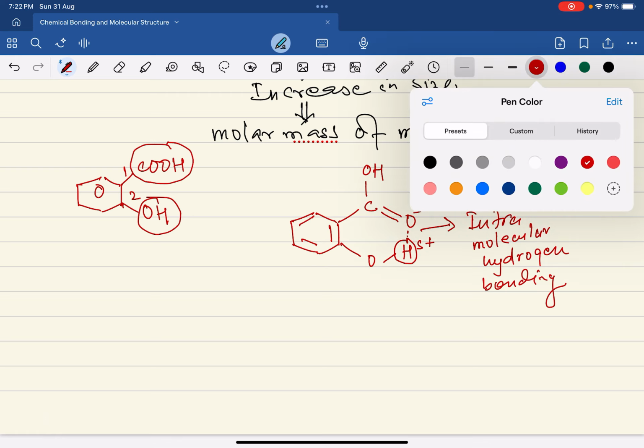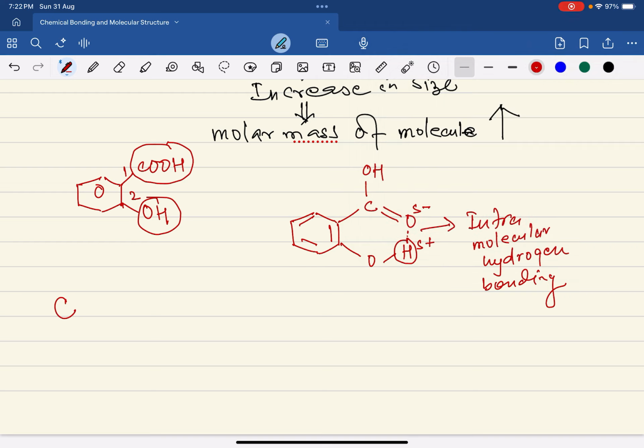Then the most important part is the consequences. What are the consequences of intermolecular or intramolecular hydrogen bonding? Consequences of intermolecular hydrogen bonding.